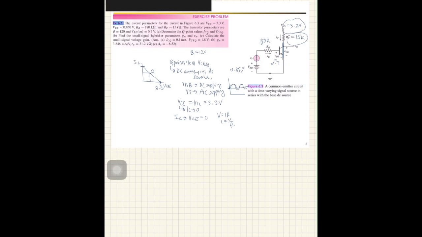So IC ends up being 3.3 over 15K, which gives you 2.2 times 10 to the negative 4 amps. And that would be the max current that you can supply.